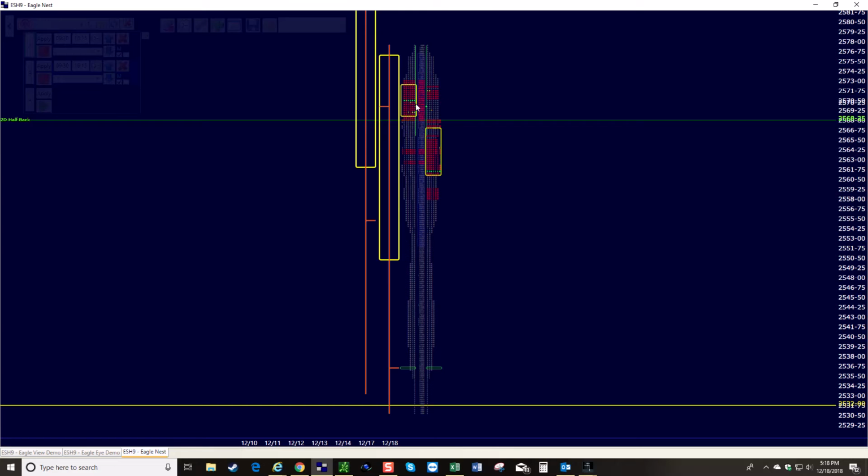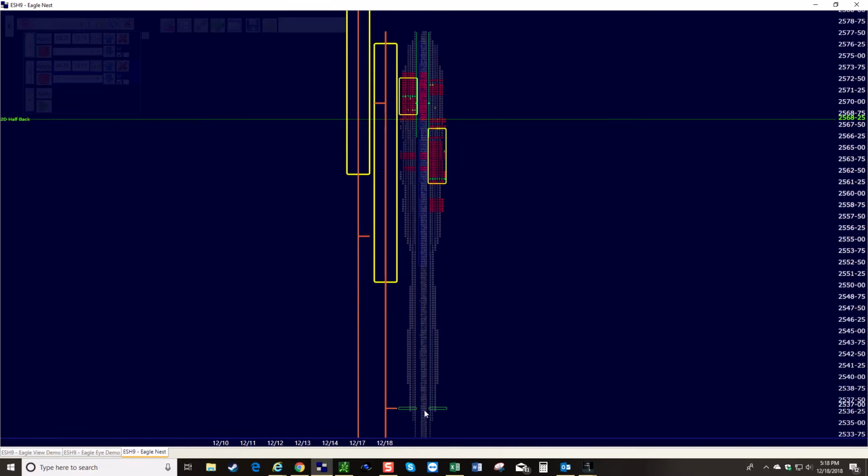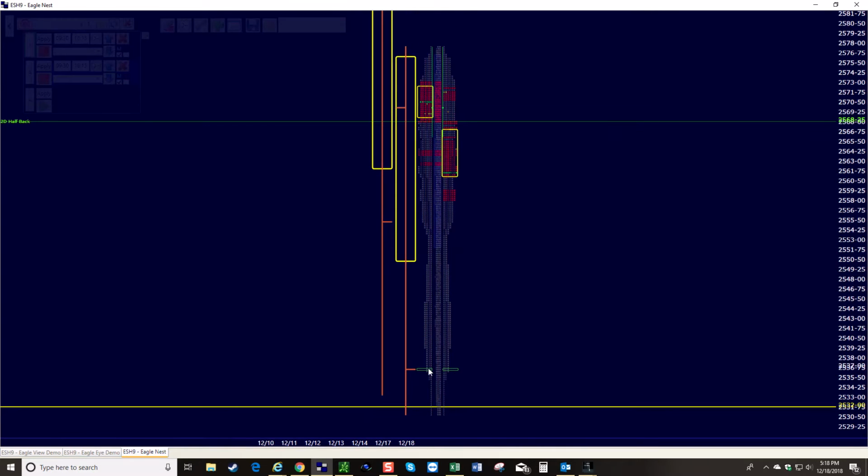So what is this telling me? Price closed near the lows. However, the majority of the volume has taken place back within the value area and near the open of today.